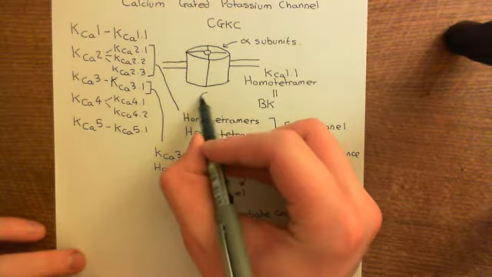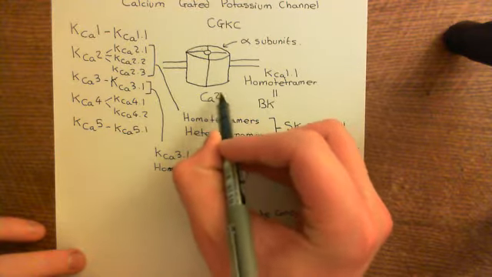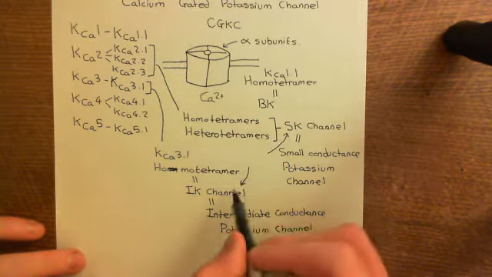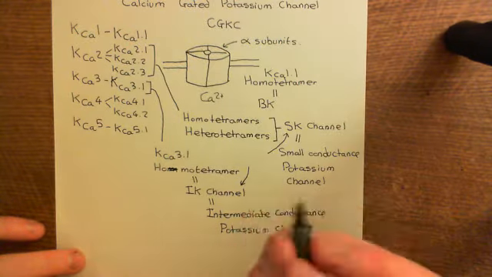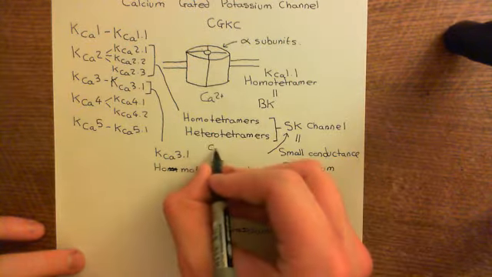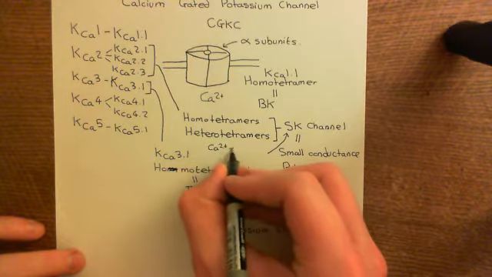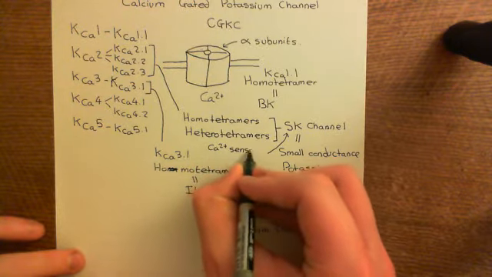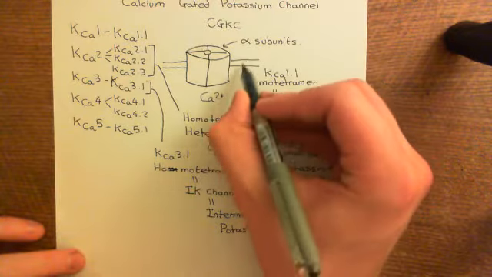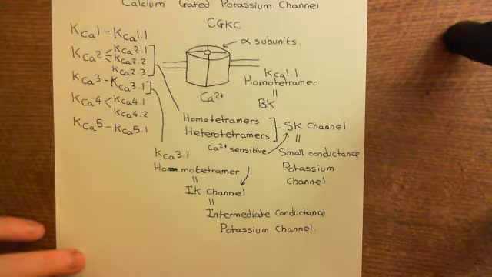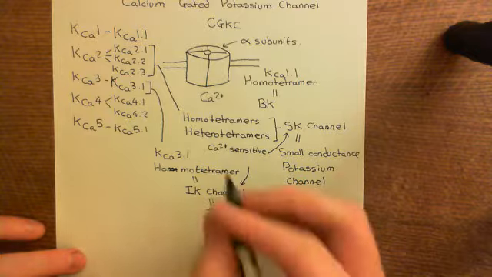If calcium goes up in the cytoplasm, this activates the SK and IK channels to open, and they'll then allow potassium to move through them. They are calcium sensitive, but they cannot be activated by voltage. Changes in the electrical potential difference across the membrane will not induce them to open.